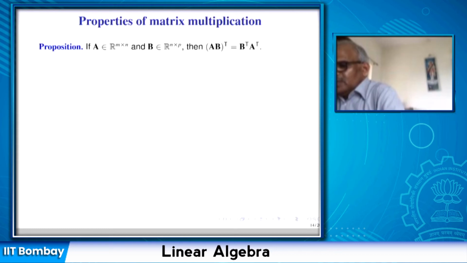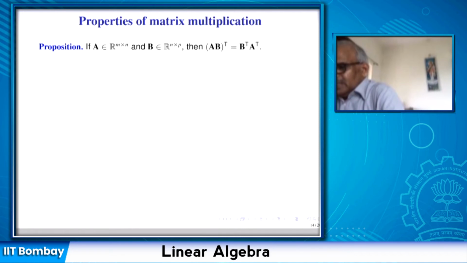These are some more properties of matrix multiplication. If I have two matrices A and B which can be multiplied, then the transpose of A times B is the product of B transpose A transpose. Pay attention to the ordering in which we are writing. A and B can be multiplied, right?